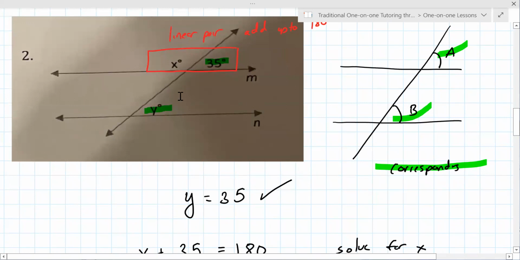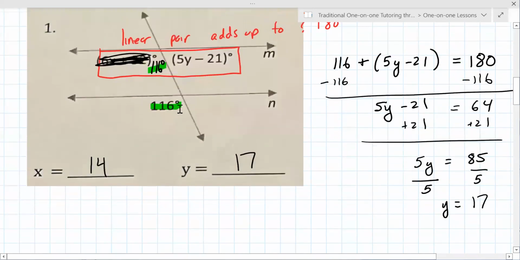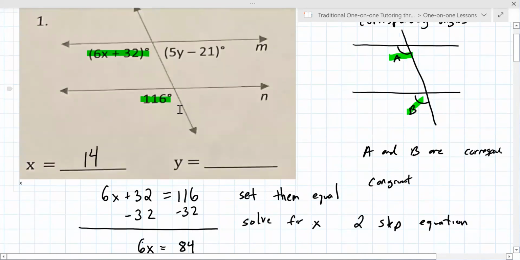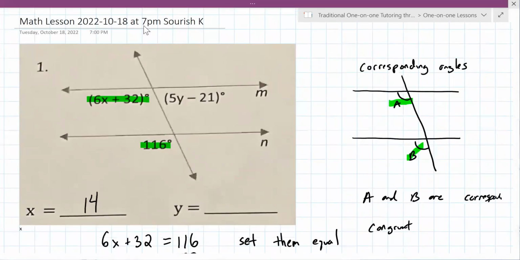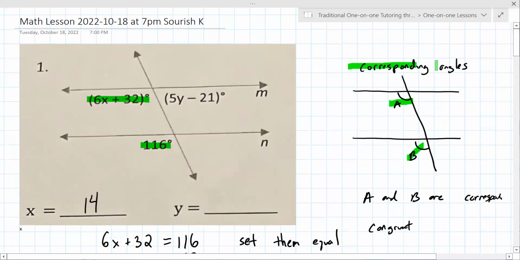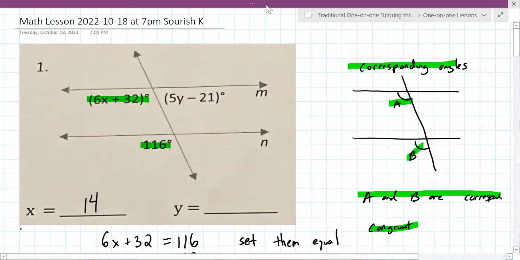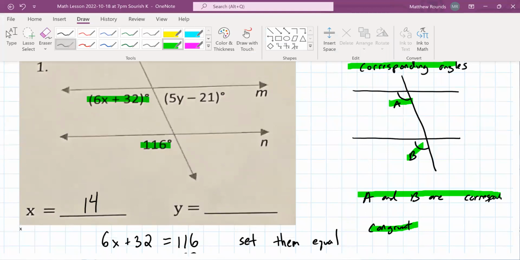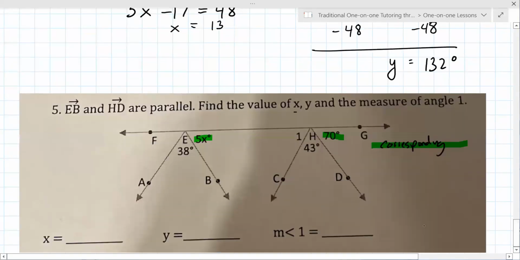They add up. Nope. Let's go back here. I wrote it all the way in the beginning of the lesson. Corresponding angles, A and B are corresponding, they're congruent. Congruent's the most important word there. So corresponding angles are congruent.